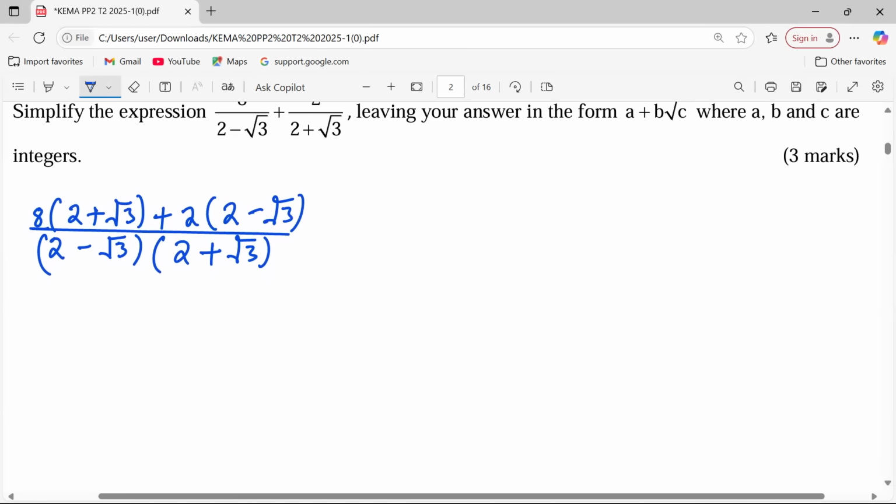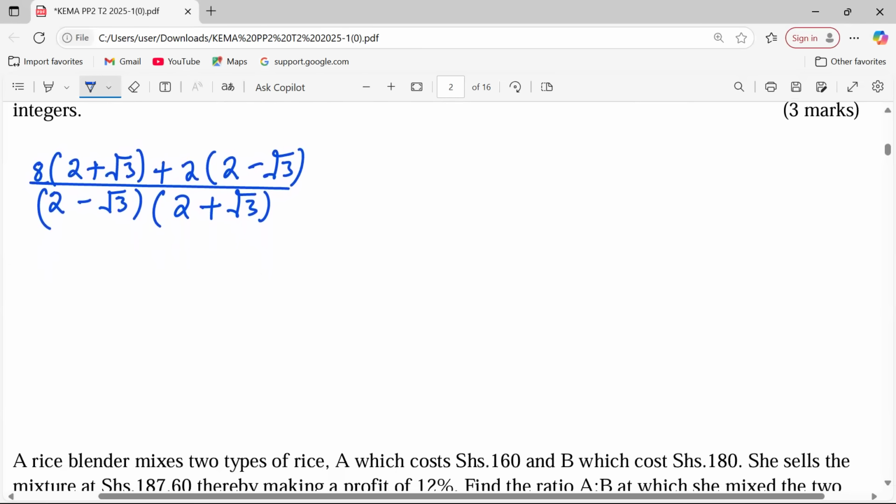After this step, we can expand the numerator, whereby 8 by 2 becomes 16, plus 8 the root of 3, plus 4, then minus 2 the root of 3.